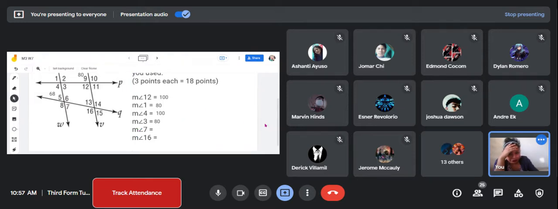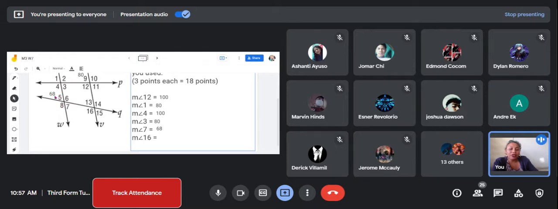Angle 7, over here. 68, miss. 68. Very good. In this case, we are looking at these four.